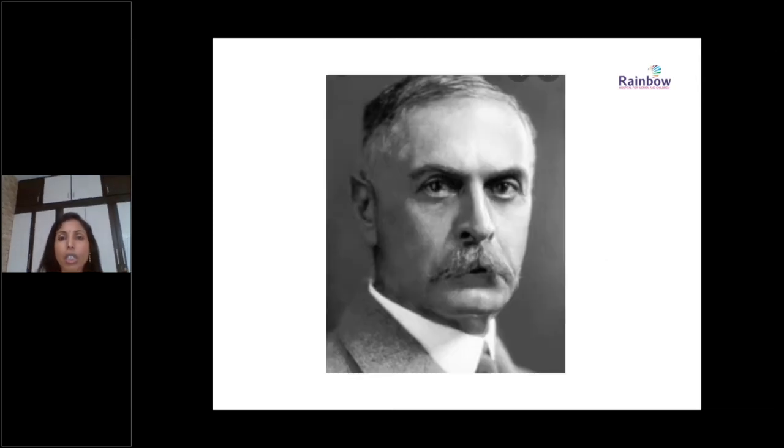Before going forward, I should mention this great physician from Austria called Landsteiner, because he is the one who introduced the ABO blood group system to the world and revolutionized transfusion history.